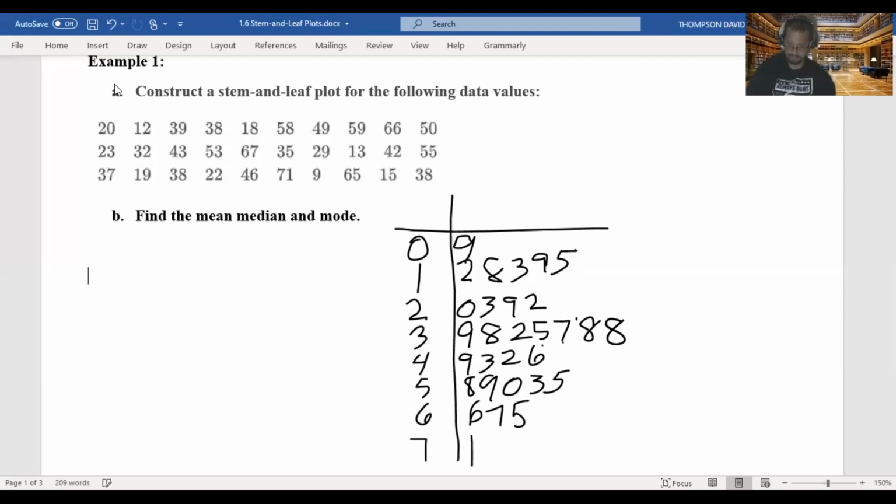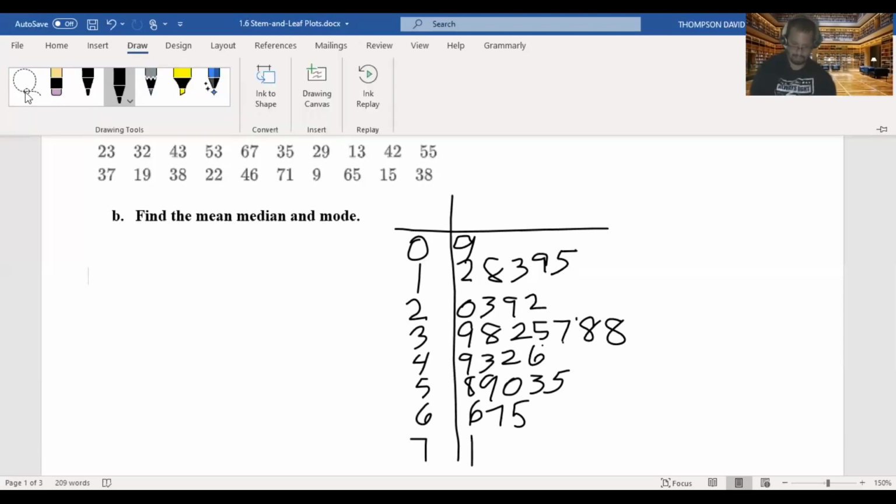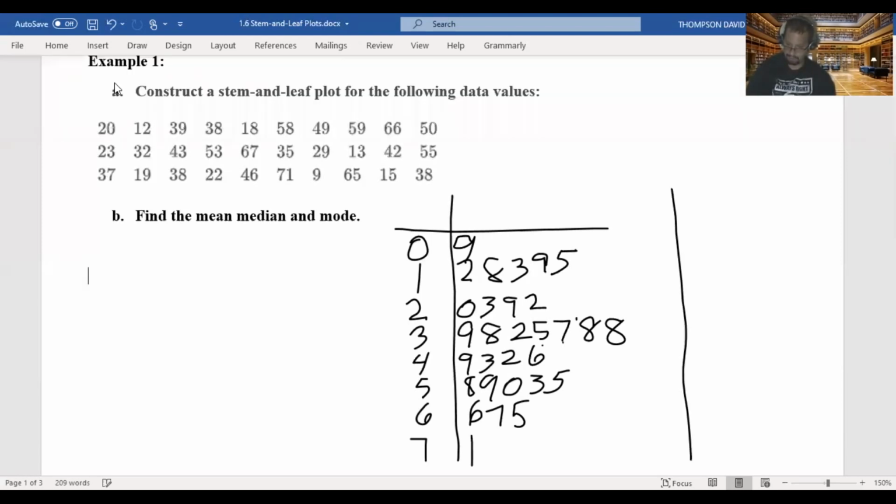Next step, we're going to take our stem and leaf plot and put all the numbers in numerical order. So make a new stem chart, with the numbers 0, 1, 2, 3, 4, 5, 6, 7 again.